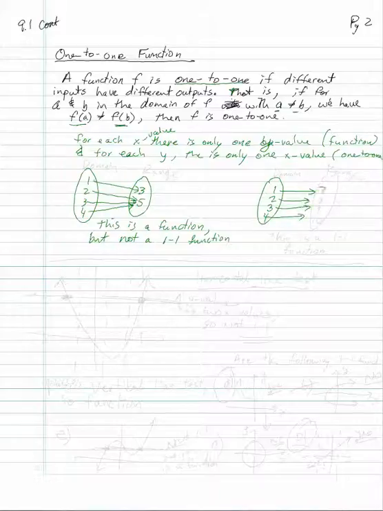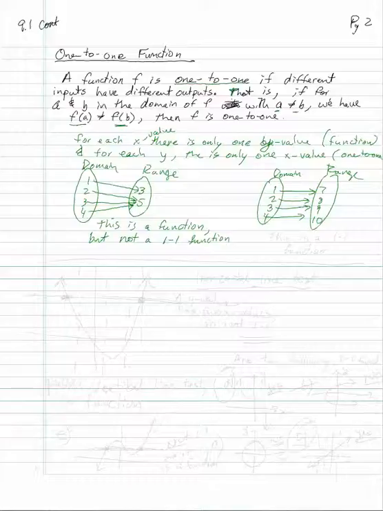So maybe like 7, 8, 9, 10. Domain, range. So each x value getting one y value, that's the function part, and then each y has a different x, then that's one-to-one. One-to-one function.